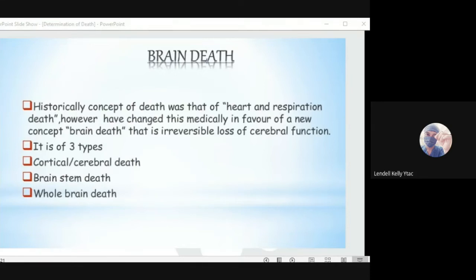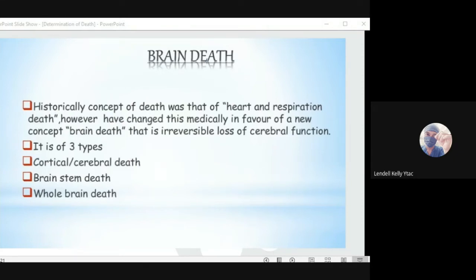If something happens to your brainstem, you could still preserve the body or sustain life by giving that person supportive devices, like an artificial lung and heart, and you intubate the patient.